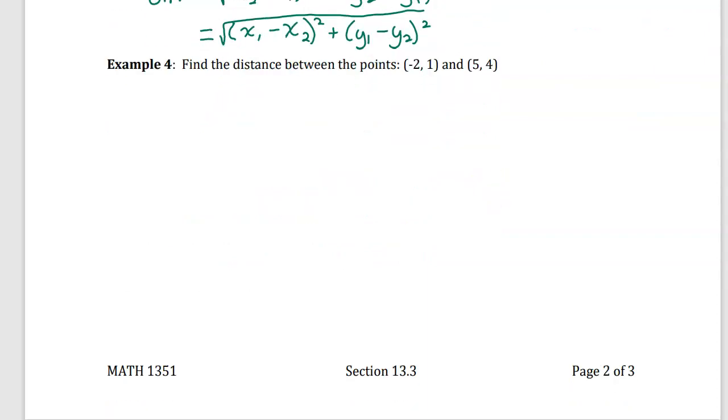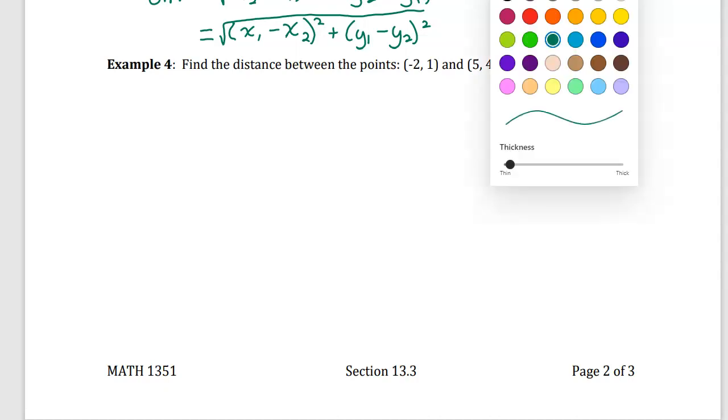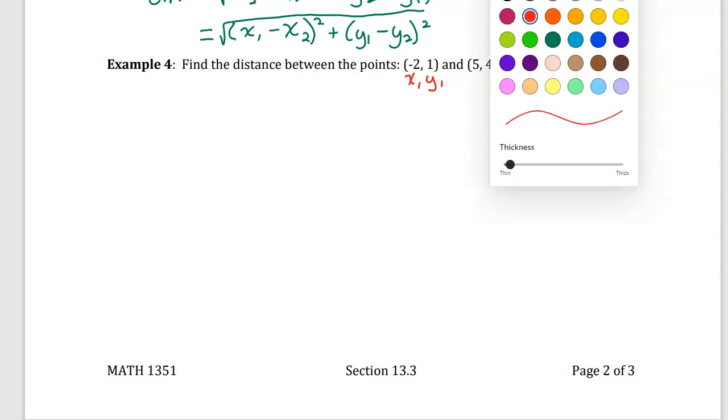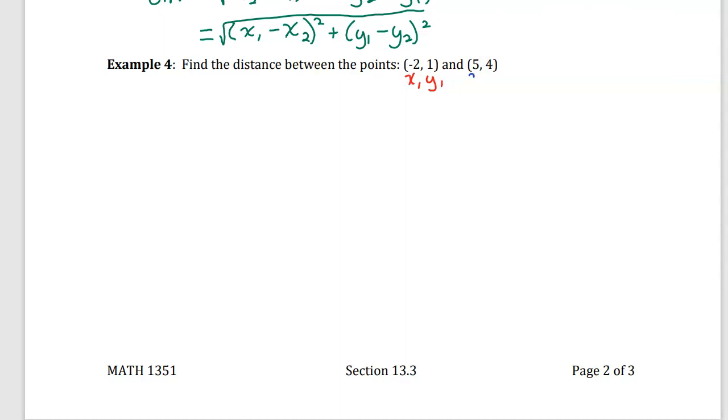So let's look at finding the distance between these 2 points. Negative 2, 1 and 5, 4. So I'm going to say that this is x1, y1, just because it comes from the first point. And then we have x2, y2, because it comes from the second point.